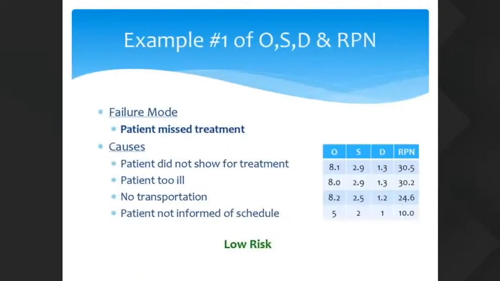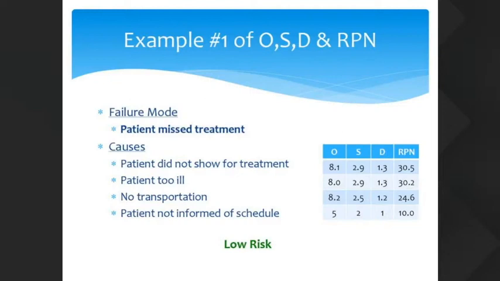Okay, here's example number 1. These are true examples right out of TG275. The failure mode we identified was the patient missed treatment. We defined 4 causes: patient did not show for treatment, patient too ill, no transportation, patient not informed of the schedule.